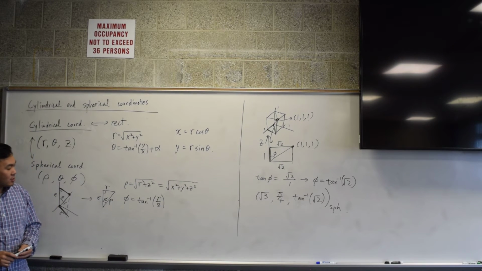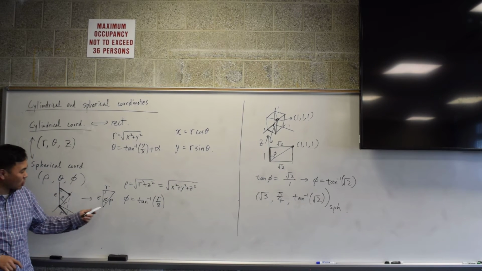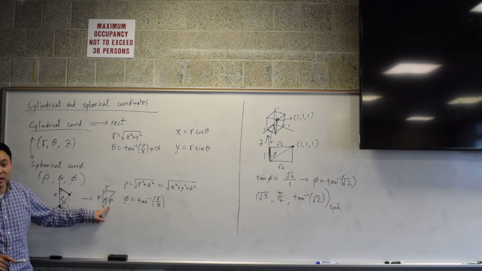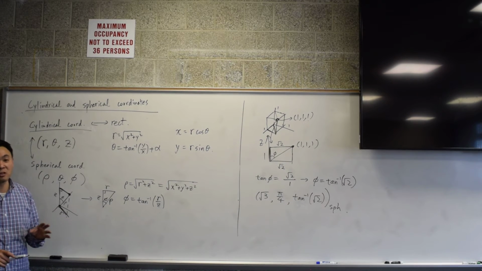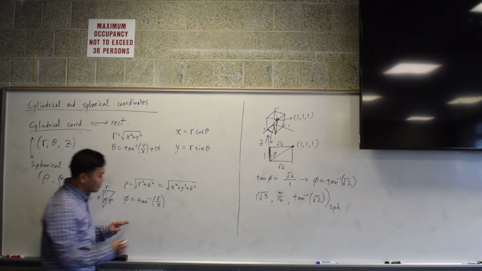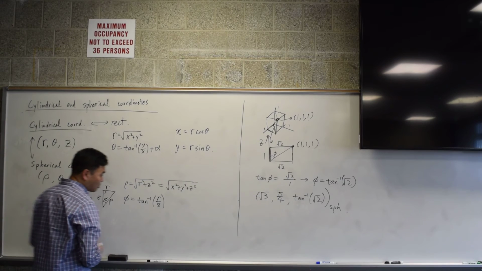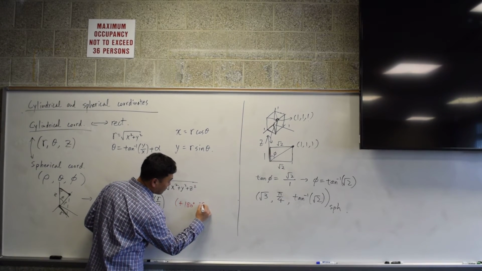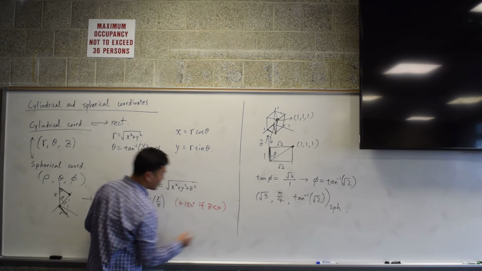So what people do is sometimes just use cosine inverse. So phi will be cosine inverse of z over rho. If you do that, then it always produces the correct one because cosine inverse produces angles from 0 to 180, okay? Or you might put a warning here and say plus 180 degrees if z is negative.